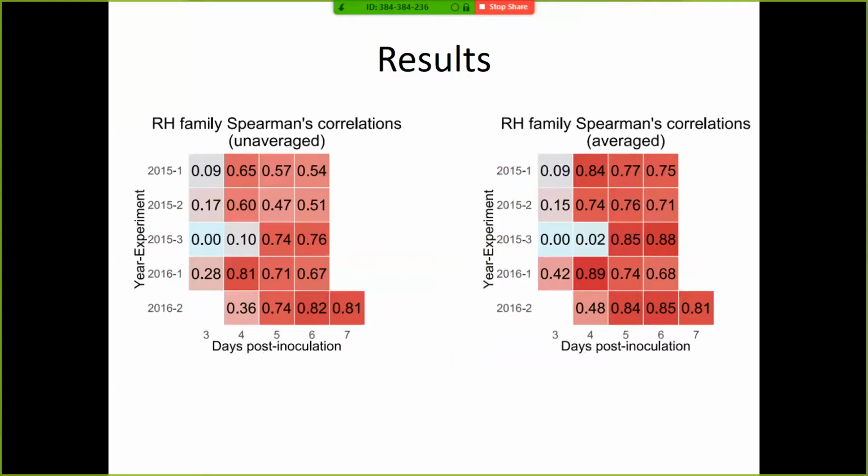Looking at the correlations between methods, we see that the correlations are very high. And so this shows that our computer vision method is accurate in obtaining a good phenotype. And you can see when we average across genotypes, the correlation increases, which is what we would expect.